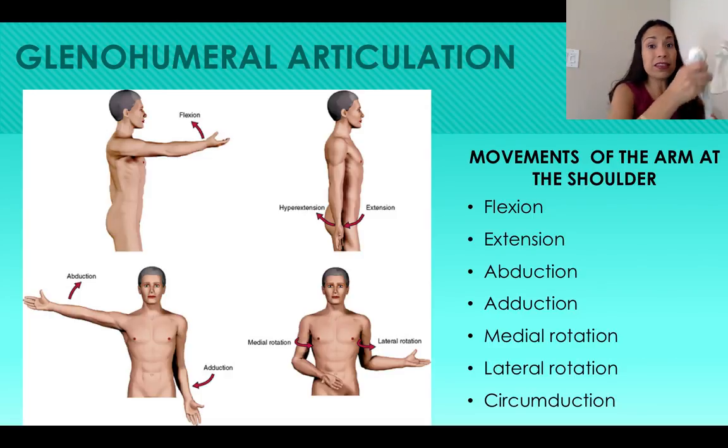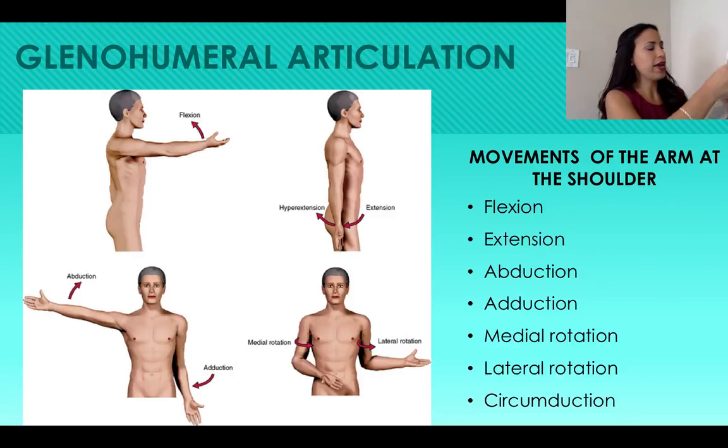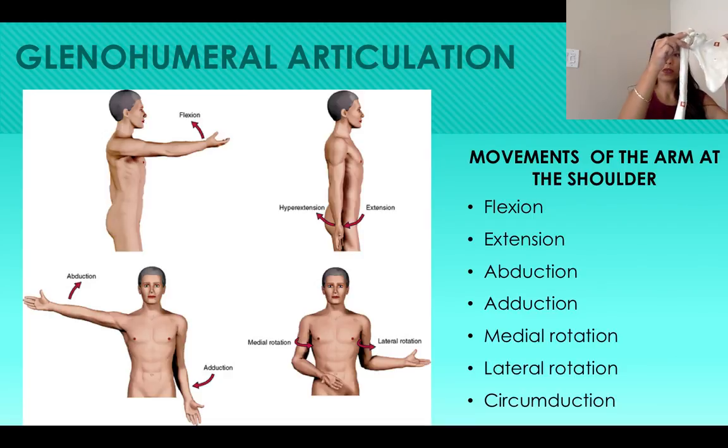Flexion, and these pairs of movements are usually opposite movements, okay? So flexion, can you see? Here, the anterior surface, right? This is flexion of the arm. With movements at the shoulder, or movement at the glenohumeral joint, we move the arm.